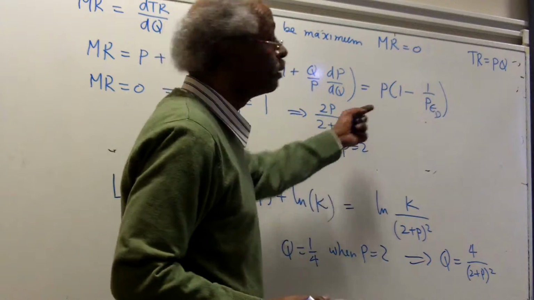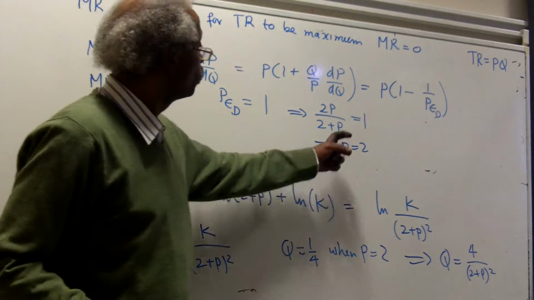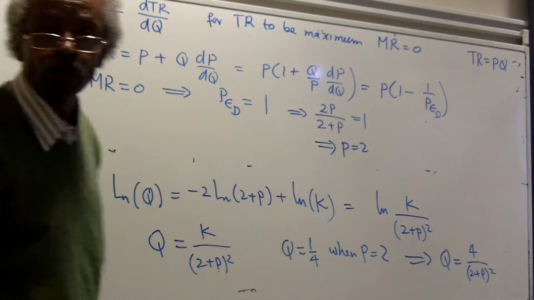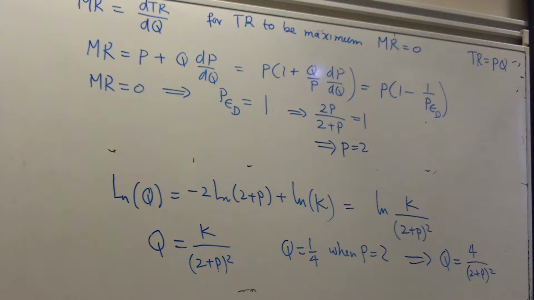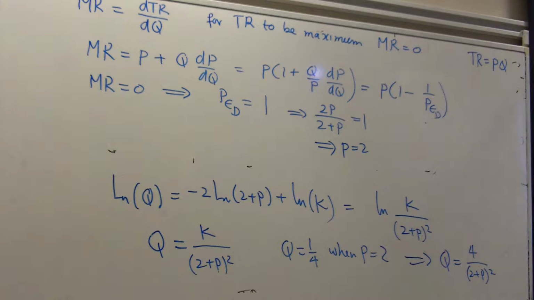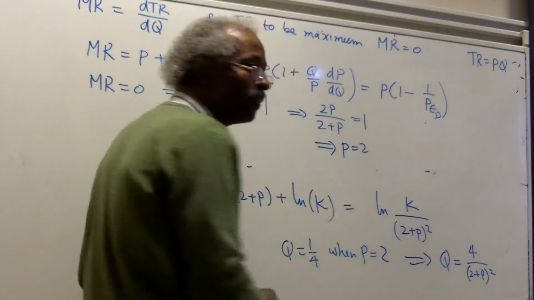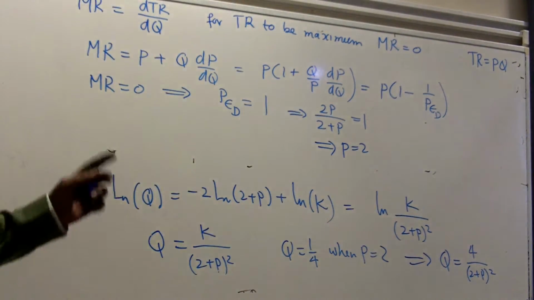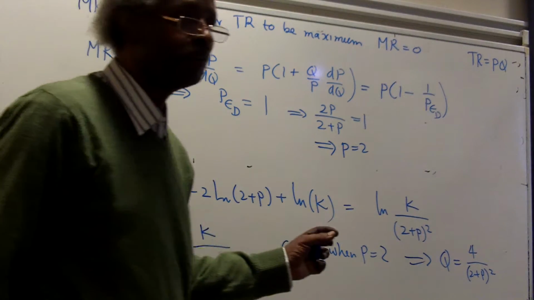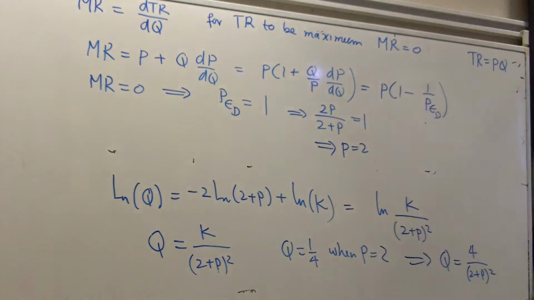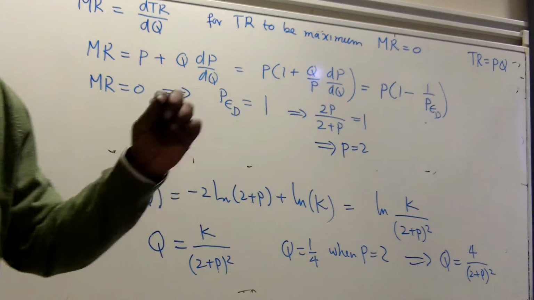It's a cross multiply, it's a very simple equation. We put 2 here, that's 4, 2 there, that's 4, and you divide, the answer is 1. I don't know how I got 0 previously. So at that price, the total revenue is maximum. It can't be more than that. That's the price which actually gives you the maximum total revenue.